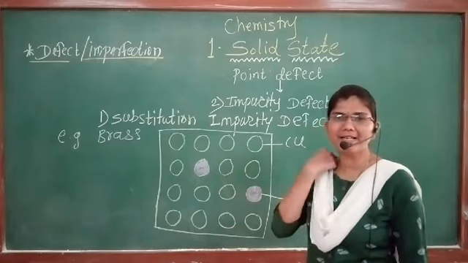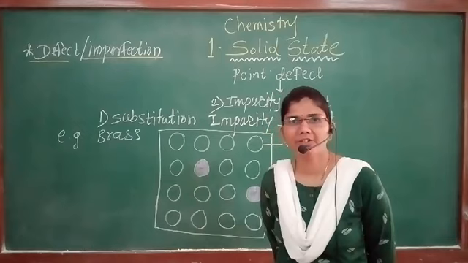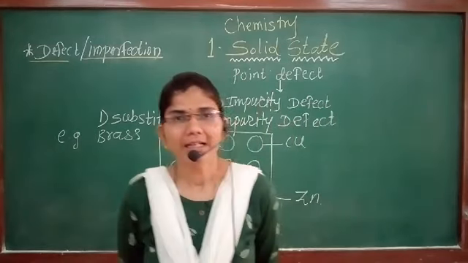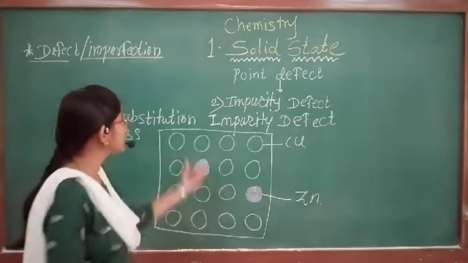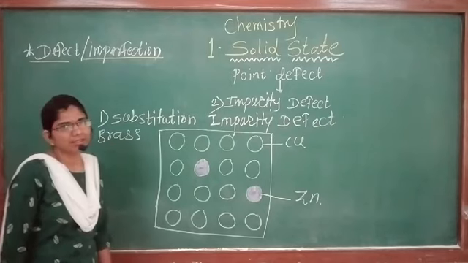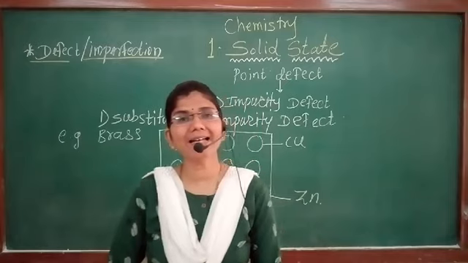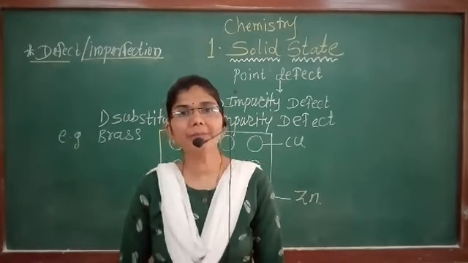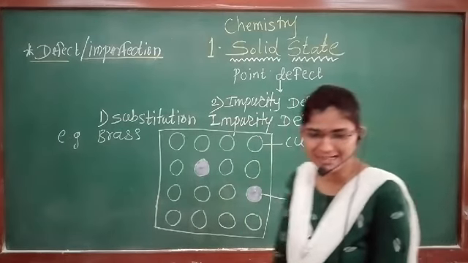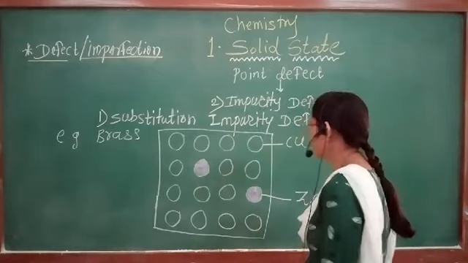In substitutional impurity defects, we have two examples, in which the first one is, for example, brass. Brass is an alloy of the metals copper and zinc.